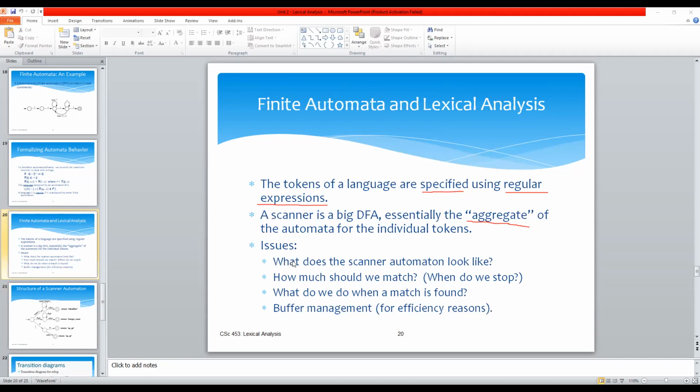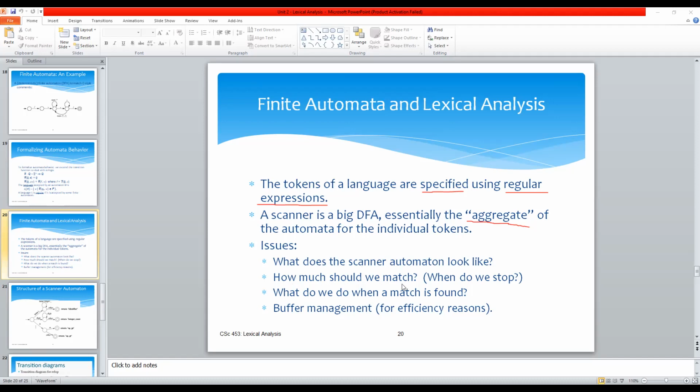Now, what are the issues in drawing these finite automata or designing the lexical analyzer? The issue is: what does the scanner automata look like? First, you should care about the syntax of that scanner, or the lexical analyzer, or we can say the finite automata.